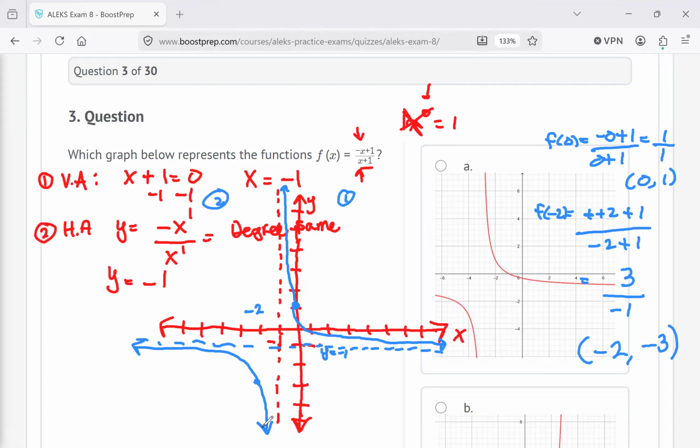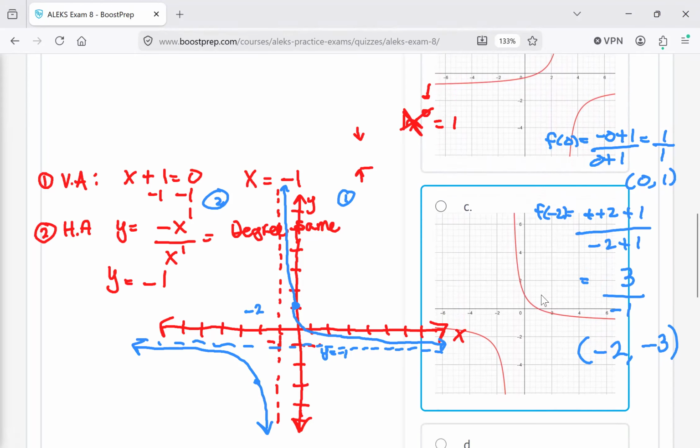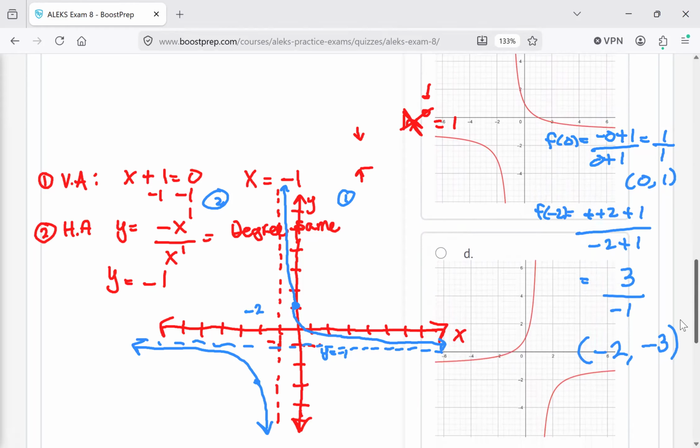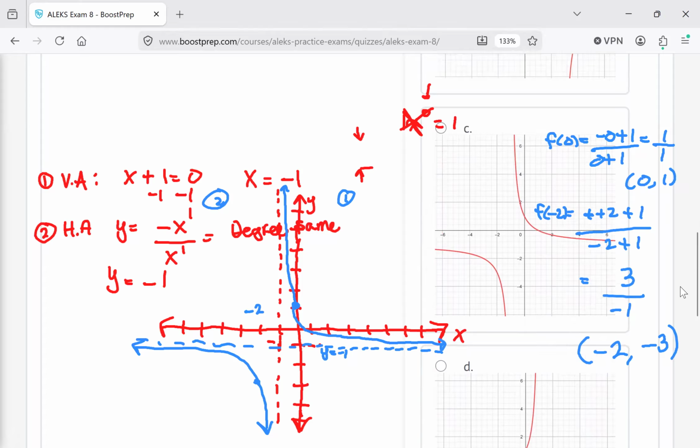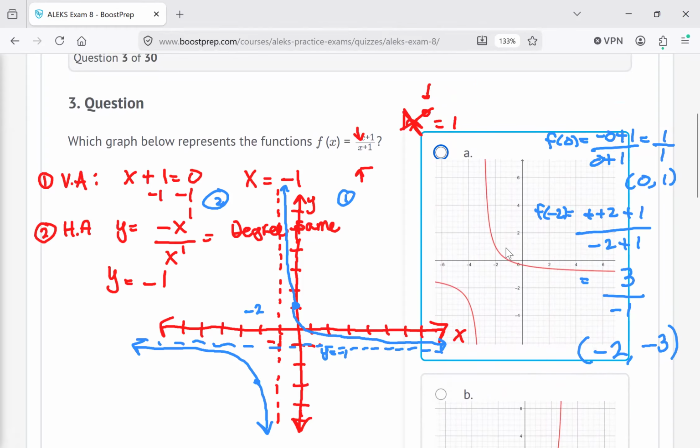So which is that going to be? I don't think it's A. It looks really close, but it's not quite there. Let's see. They don't really show you the asymptotes on negative 2. Wait, maybe it is A. Let's see, x is negative 1.